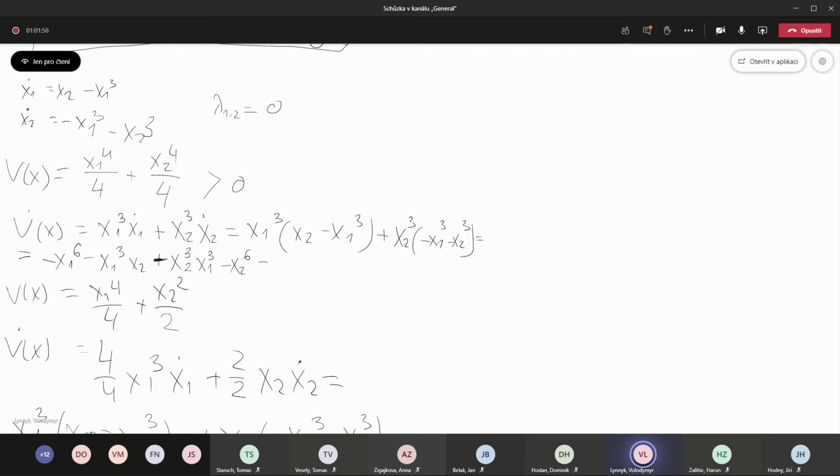What we can see is that this term and this term cancel, and only minus x1 to the 6th minus x2 to the 4th remains, and therefore it's less than 0 for all x1, x2 not equal to 0, and this system is global asymptotically stable. Any question?